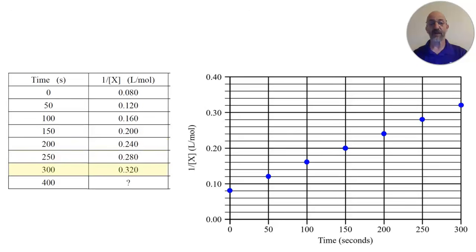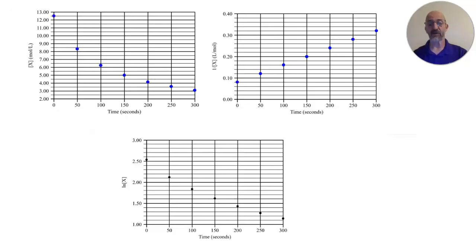So it looks like numerically, every 50 seconds, the value of the reciprocal of concentration is increasing by a unit of 0.04 inverse molarity, or liters per mole. So every 50 seconds, that value increases by 0.04, and that does look like a nice straight line.